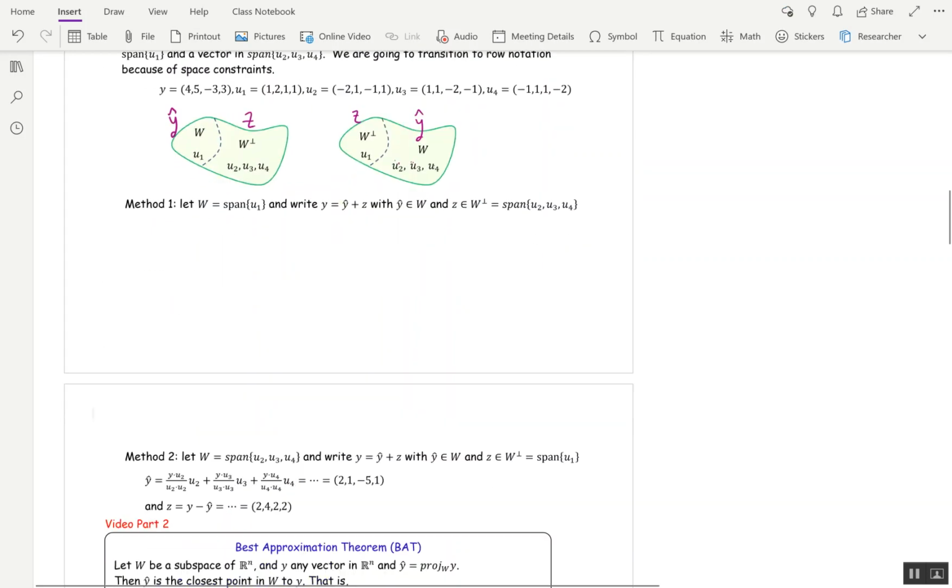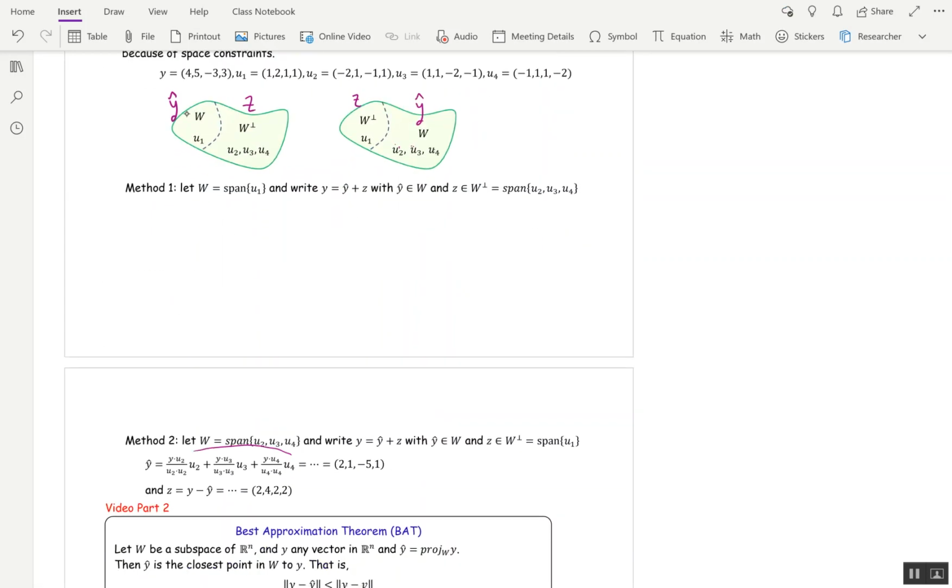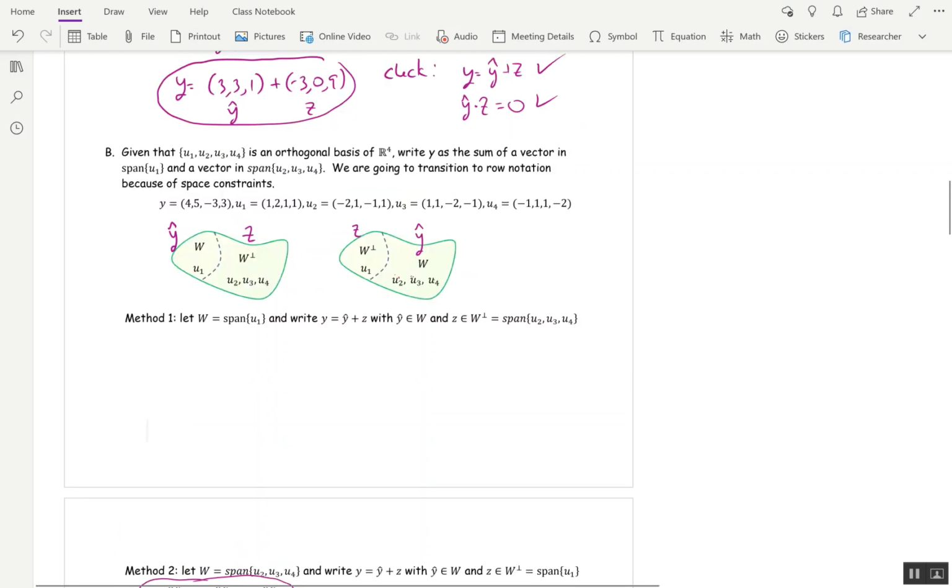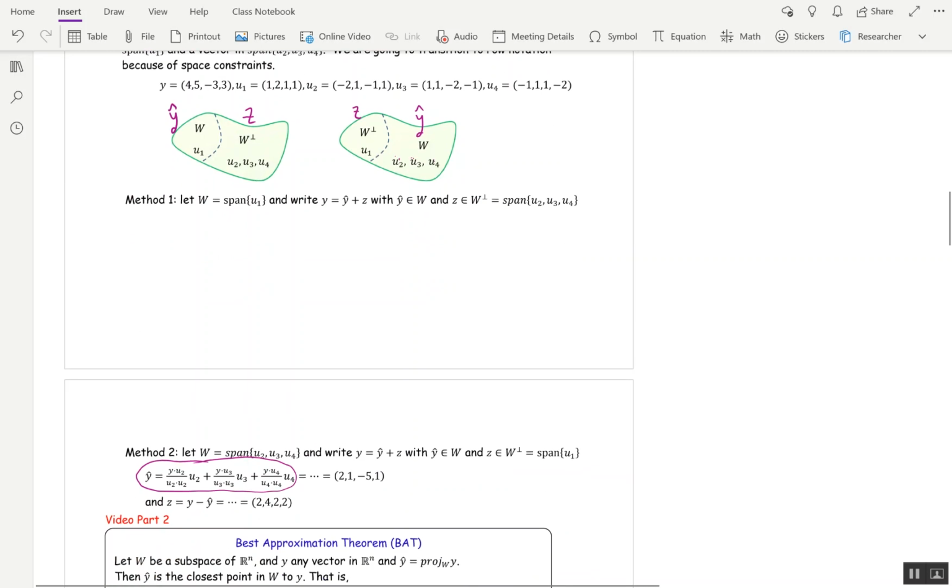In fact, here it is. You got to compute that whole thing. And then for Z, you just do subtraction. Okay, so we're going to do method 1, but we're going to see that method 2 gives you the same thing, except the labels on Y hat and Z are reversed.